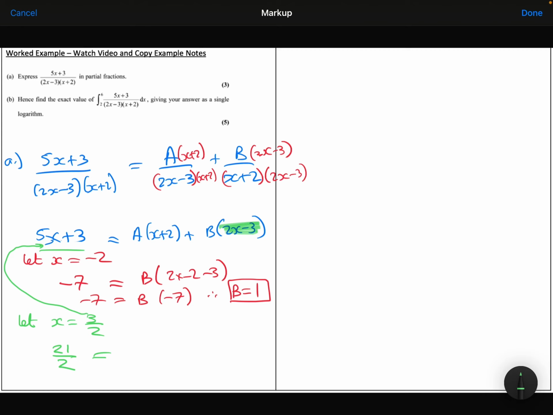Now to substitute the 3 over 2 into the right-hand side, I've got A times 3 over 2 plus 2. Well, 3 over 2 plus 2 is 7 over 2. And now I can see that A has to be 3. I need to multiply the 7 over 2 by 3 to get 21 over 2. So A is 3.